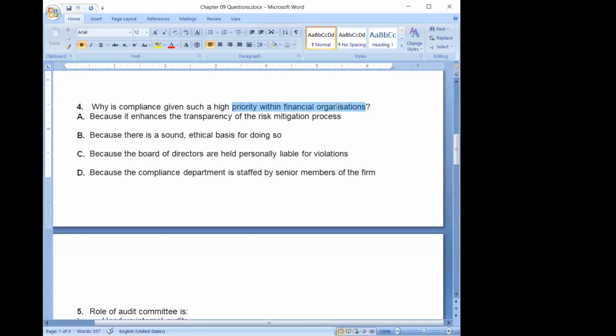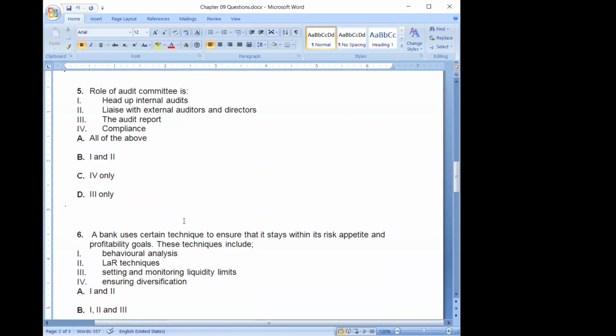They are the people who make those priorities. They want to consider it as a priority. Why? Because it affects them. Non-compliance will have consequences for the directors personally because they are liable. Therefore, they don't want to take a chance, so they make it a priority. So the correct answer for the given question is C. Question number 5.